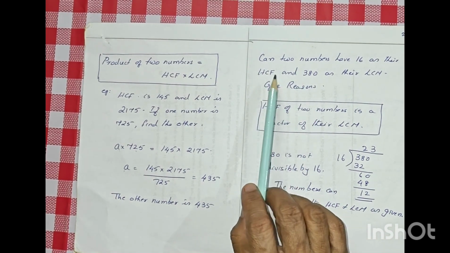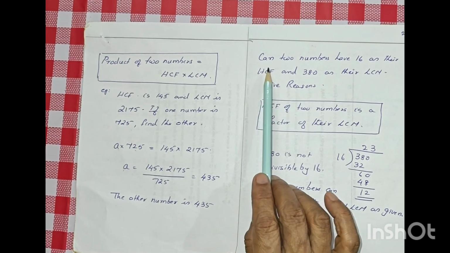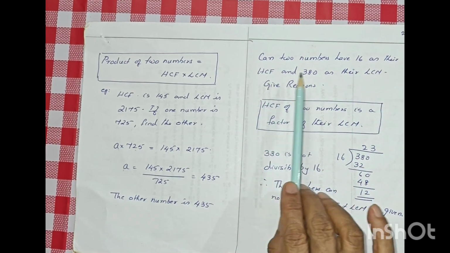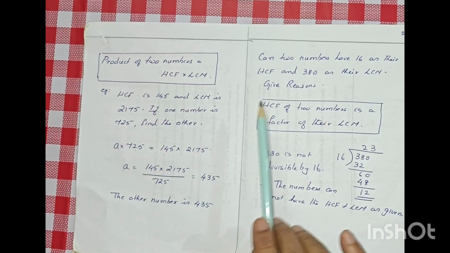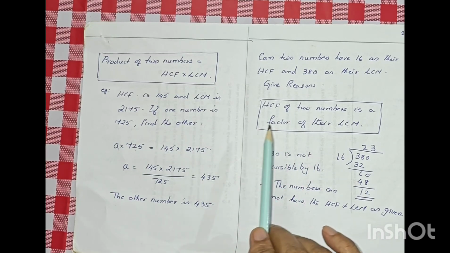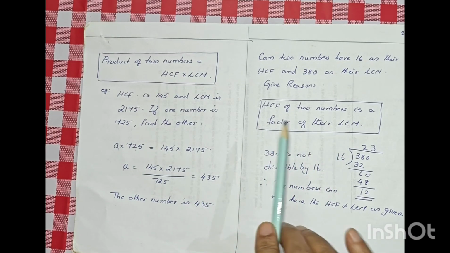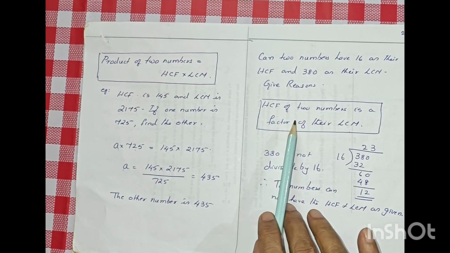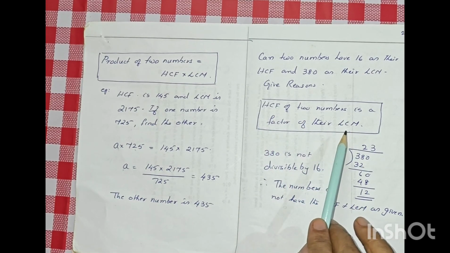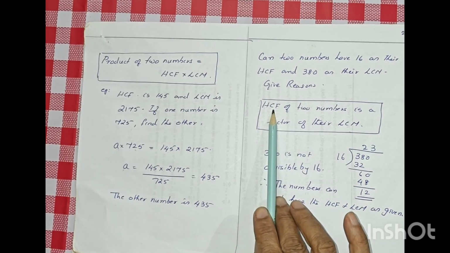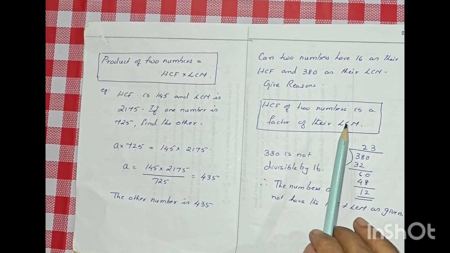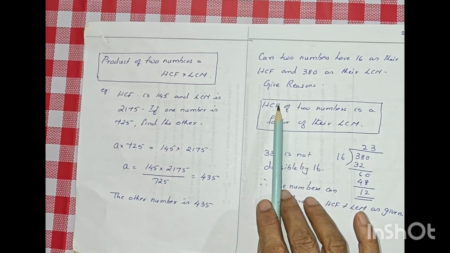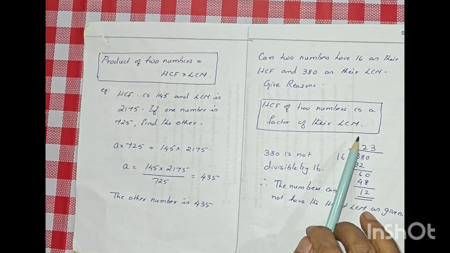The next question: can two numbers have 16 as their HCF and 380 as their LCM? Give reasons. What is the connection between HCF and LCM? HCF will be a factor of the LCM. HCF is a common factor and LCM is a common multiple, so HCF has to be a factor of LCM.